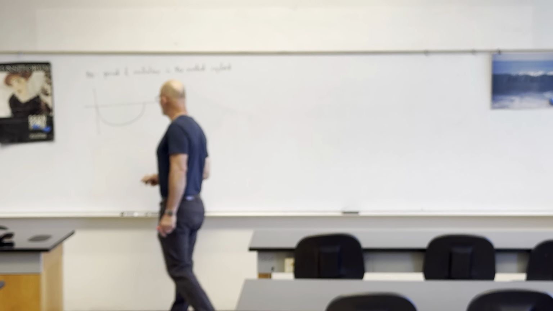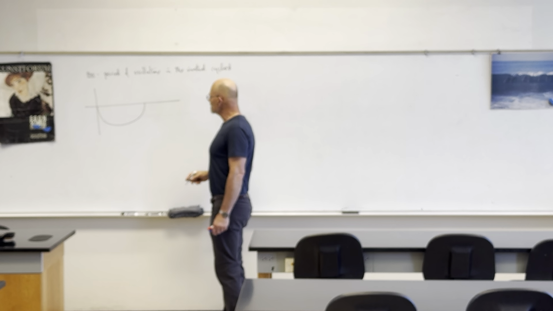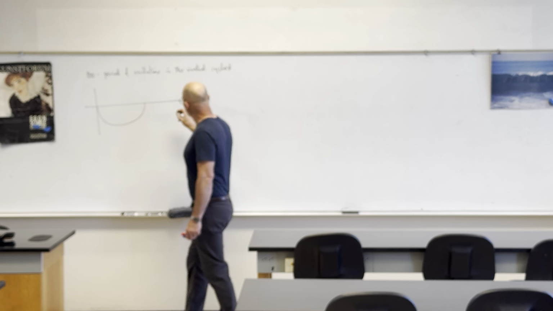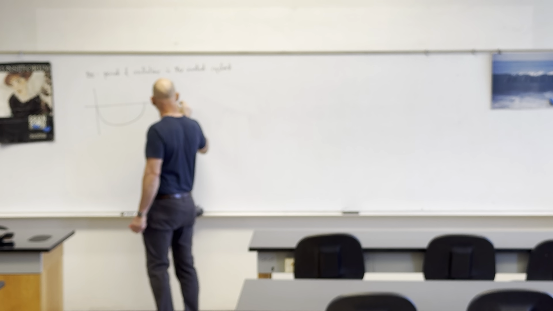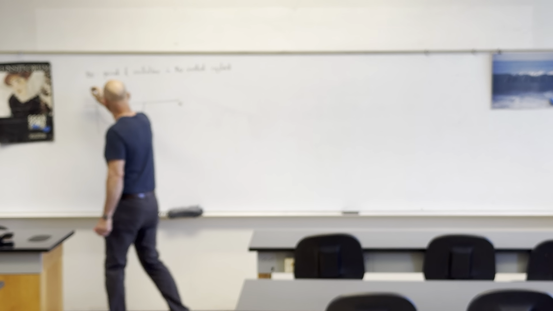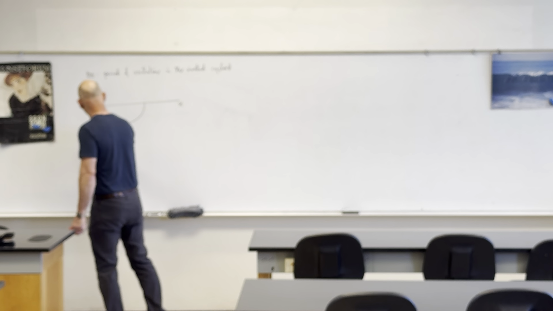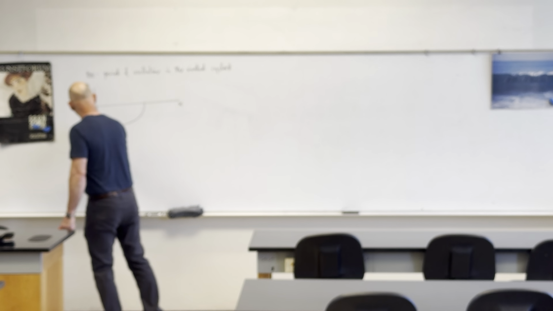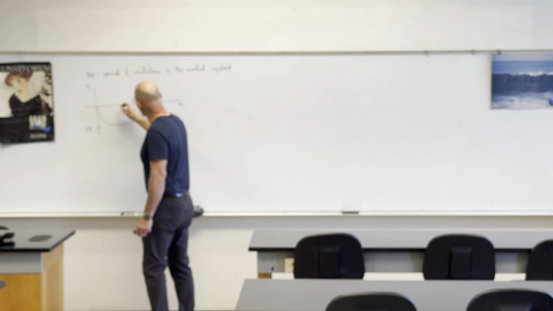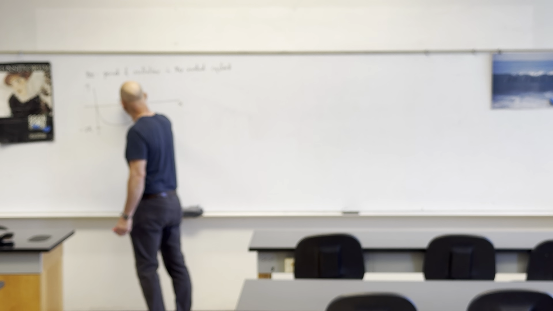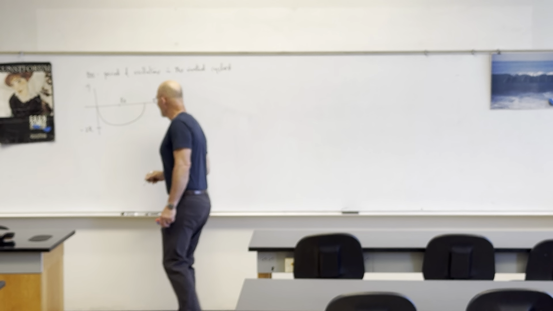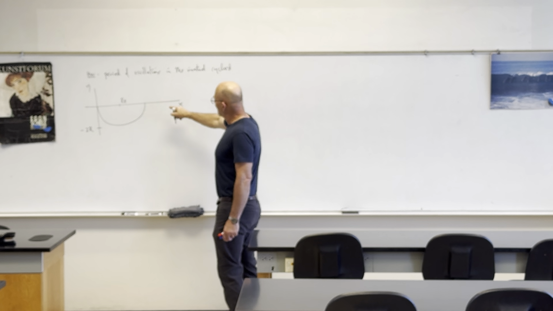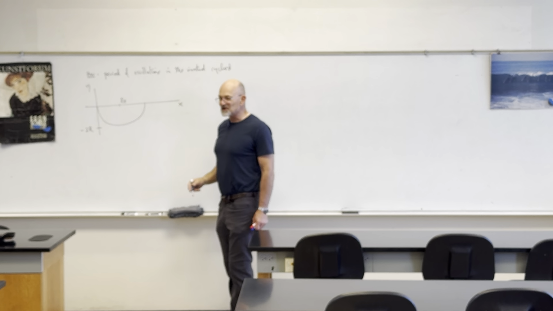This is usually when I start the Lagrangian mechanics. But here, this is the x-axis, this is the y-axis. This is minus 2r, so we've got a radius r, and this is r times pi. And this thing exists as a parametrization.